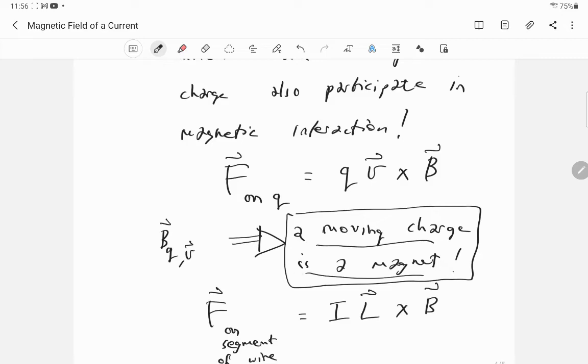But also what's really interesting is a moving charge also has electric field. So a moving charge is an interesting thing because if you have a moving charge moving through some space, then surrounding that charge is both electric field and magnetic field.